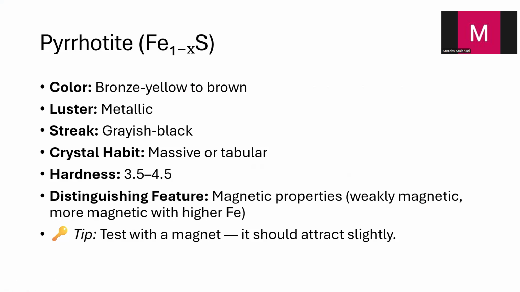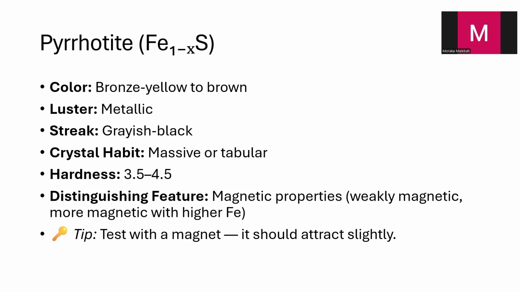Then pyrrhotite. The distinctive feature for identifying pyrrhotite is that you must have a magnet. If the sulfide gets slightly magnetized, and obviously it has a metallic luster, then you already know that you're dealing with pyrrhotite. Pyrrhotite is easily identified because it's magnetic, but because of its lower iron content, it won't be as highly magnetic as magnetite.